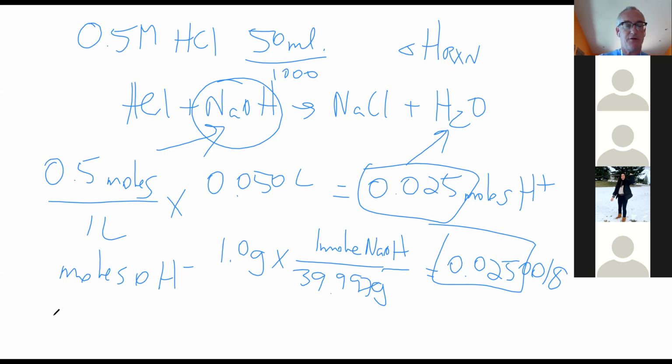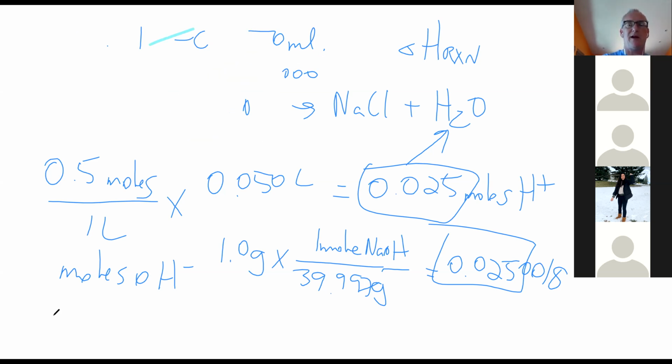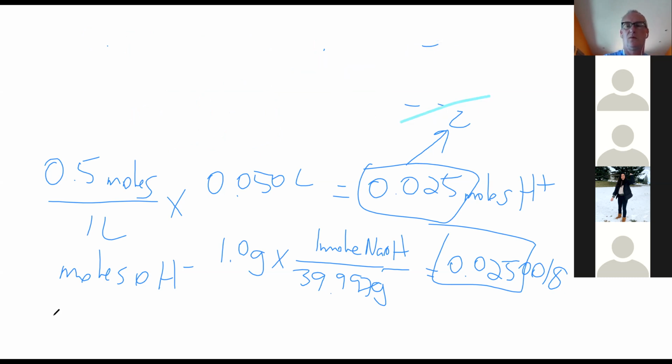What is going to be our Q for this particular reaction? So remember, how do we calculate Q again? Specific heat times mass times change of temperature. Right.